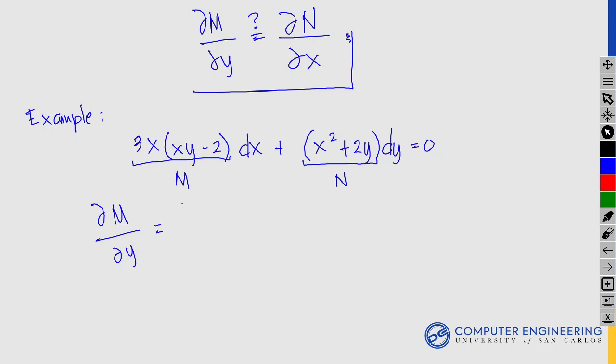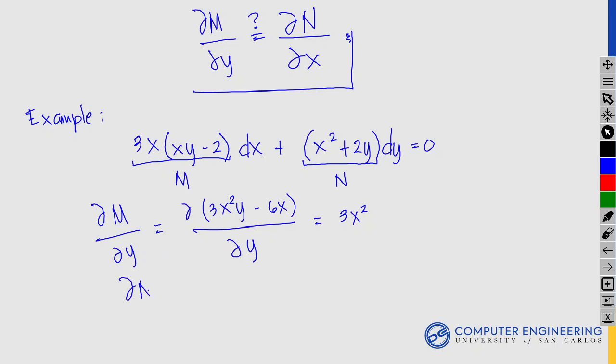This is the partial derivative of 3x²y − 6x. We treat x as a constant, so factor out everything. This becomes 3x², since the derivative of y over dy equals 1. The derivative of a constant is equal to 0.